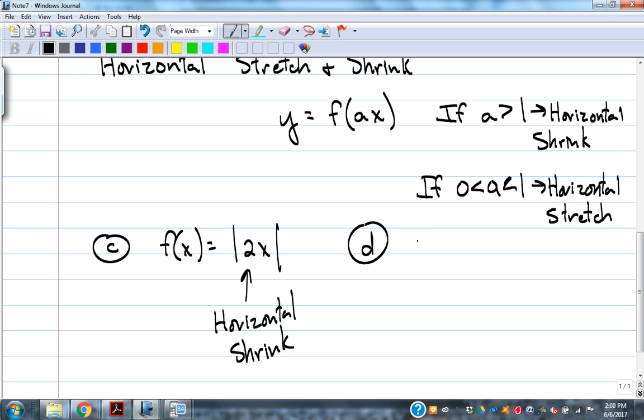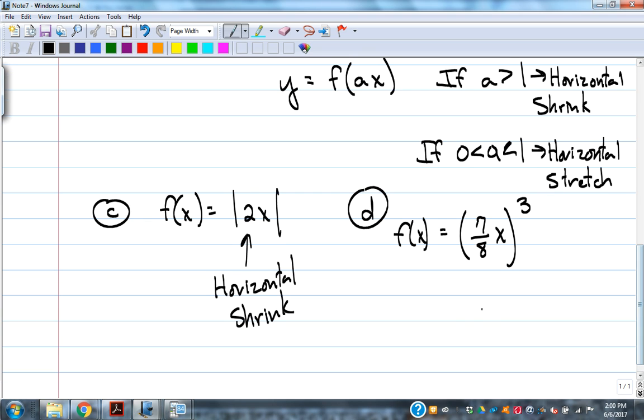Example D, if we had some function with 7/8 x, and then that's to the third power. Because it's on the inside, that tells us that will be a horizontal stretch.